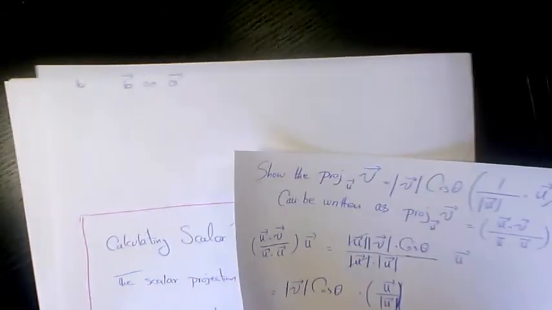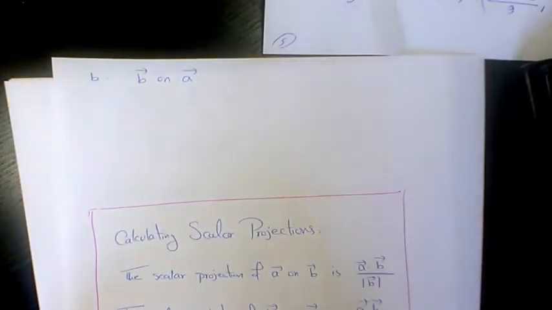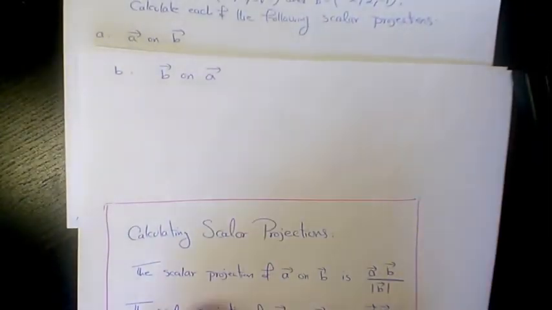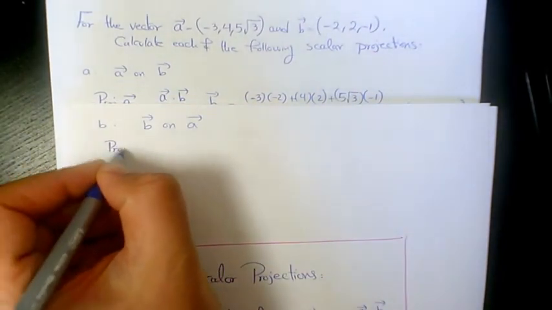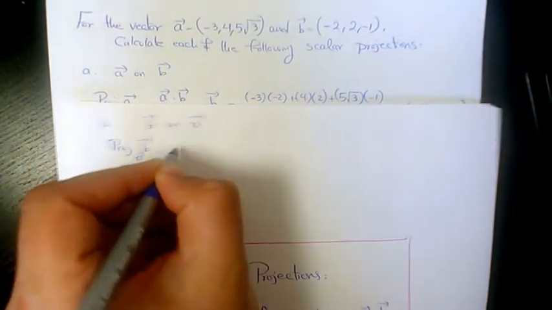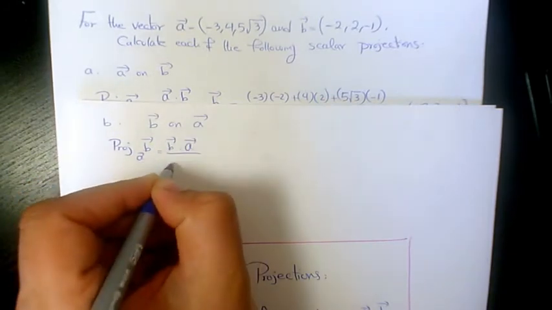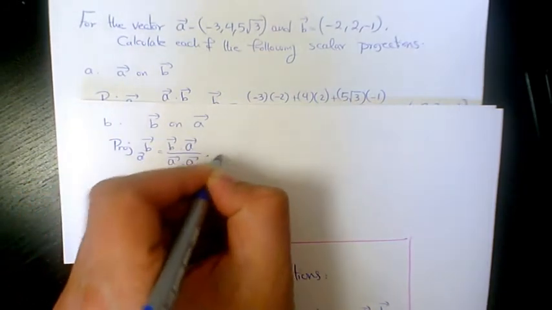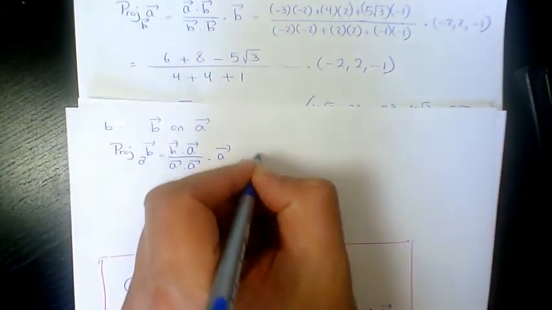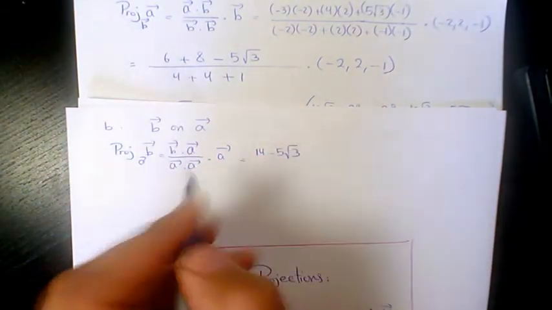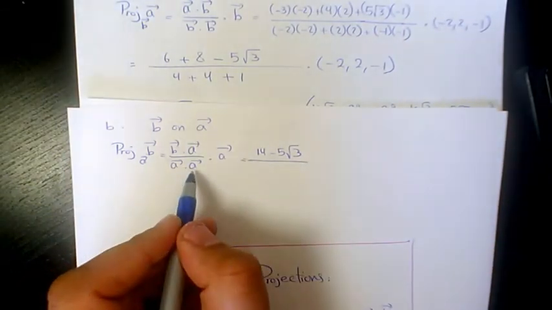Now here it says, find the projection of B on A. So I'm going to use the same numbers. Here we have A and B. The projection of B on A is going to be the dot product of B and A divided by the dot product of A and A, times A. I have the dot product of A and B, which is going to be here 14 minus 5 root 3.